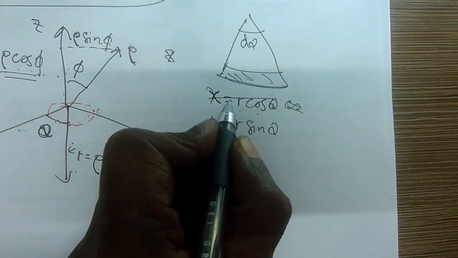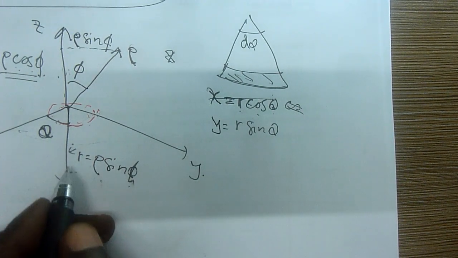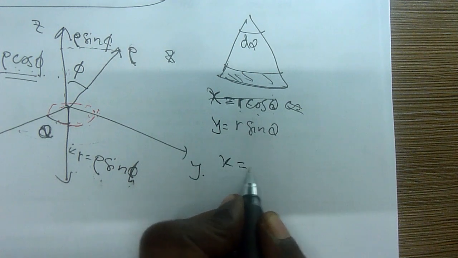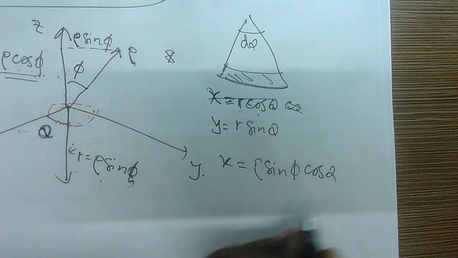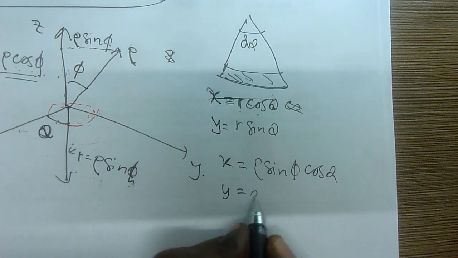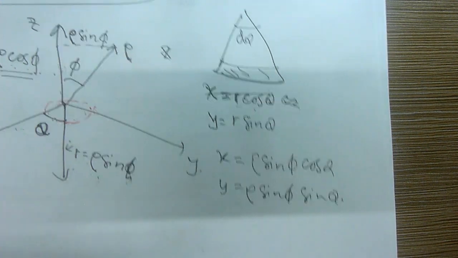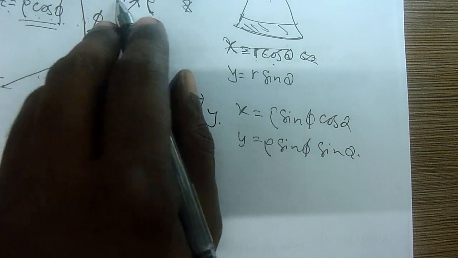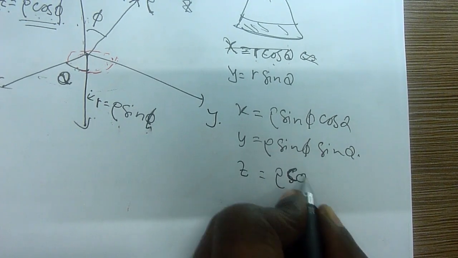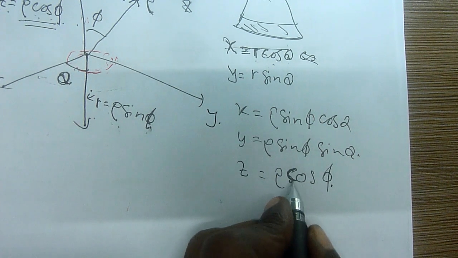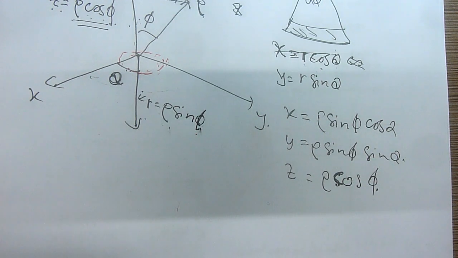Then the whole equation becomes like this: X is rho sine phi cos theta, Y becomes rho sine phi sine theta. Can you get me? And Z is rho cos phi. Can you understand this portion? Not that clear.